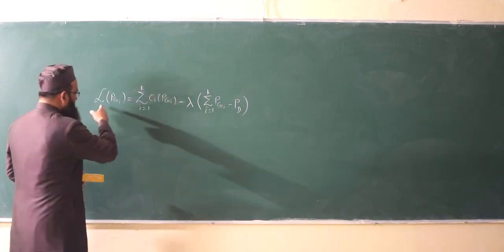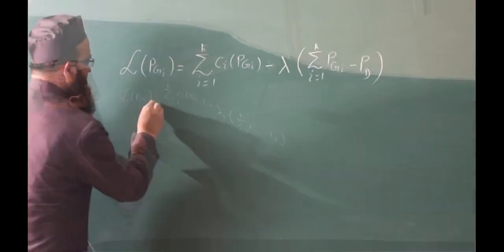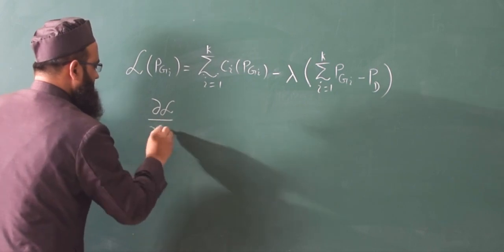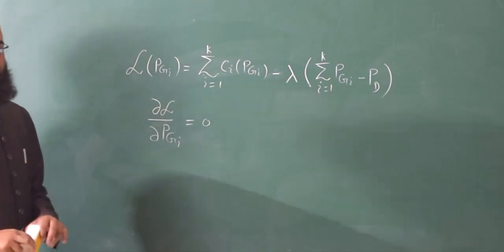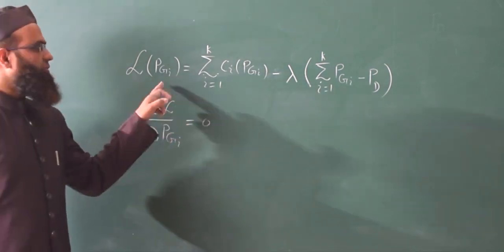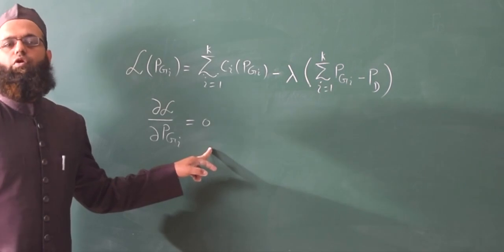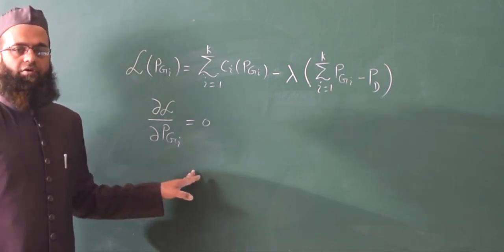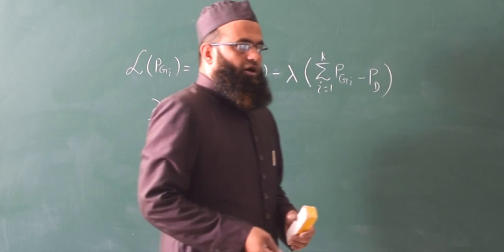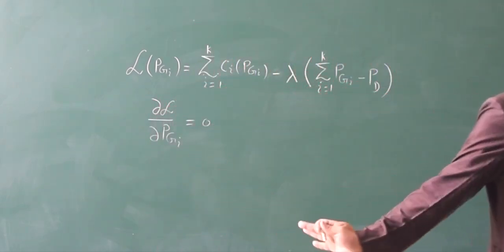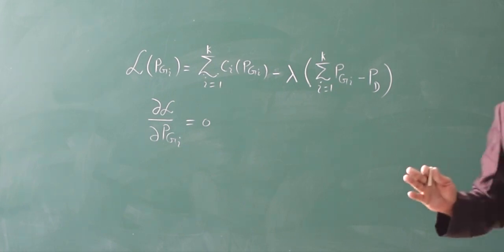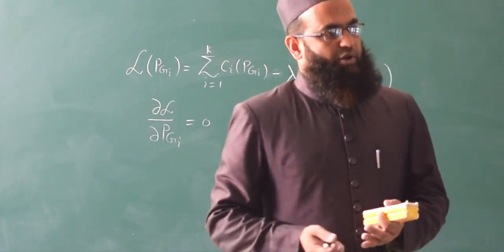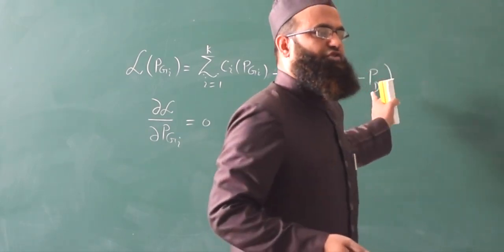So the necessary condition for this will be del L upon del Pgi equal to 0. First partial derivative of this equal to 0, similar to f'(x) equal to 0. You have to solve it. So based on that you will get the values of Pgi. What are your variables? Pgi, i equal to 1 to k. So you will get values of Pgi. At those values you may get the optimal value of the objective function.